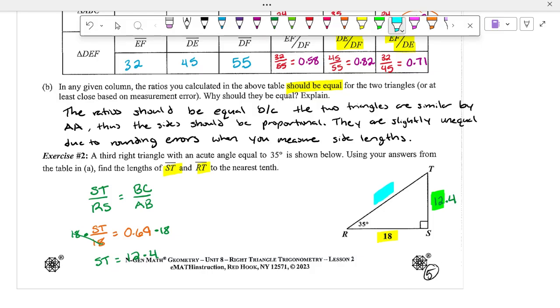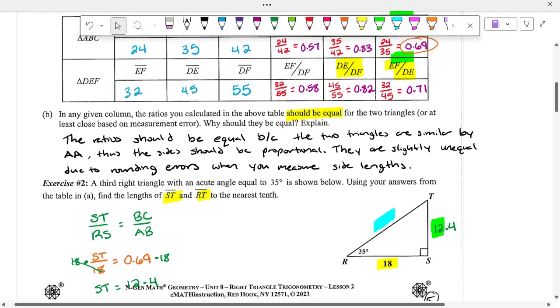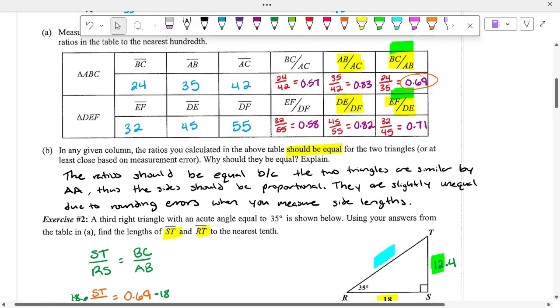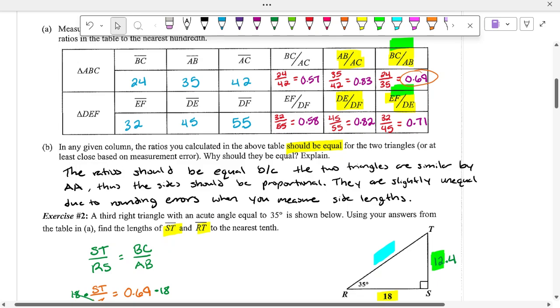Now, TR. Which of our ratios, we still want to use RS because that was the definite given value. So we still want to use RS in our ratio. But which corresponding ratio up here contains the corresponding side of TR and the corresponding side of RS?